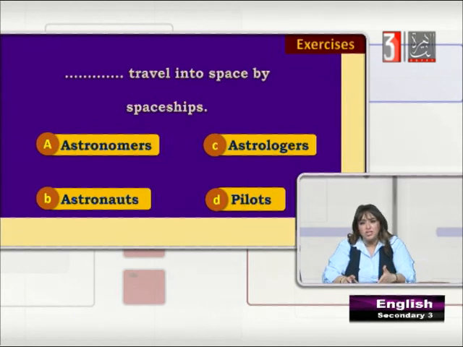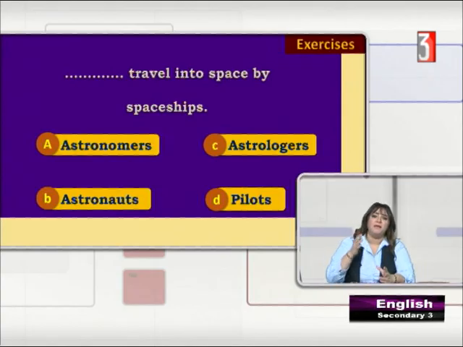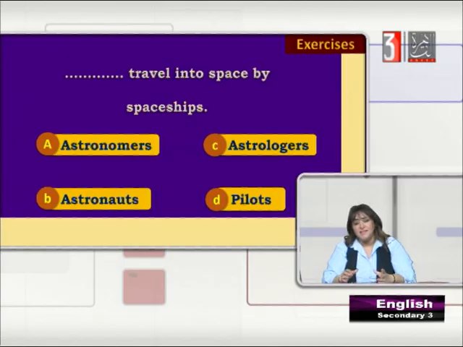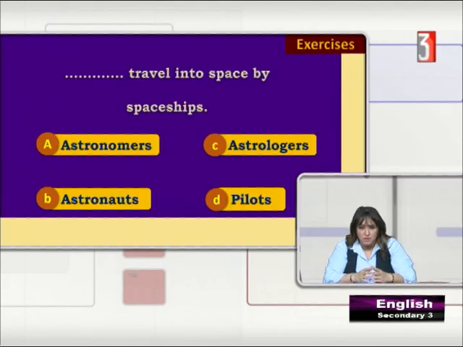Astrologers, the fortune tellers. Astronauts, the ones who travel. Many of you students get confused while thinking of these vocabularies between astronomer, astrologer, astronauts. So we only took before the astrologer and the astronomer, right? And the astronaut as well.